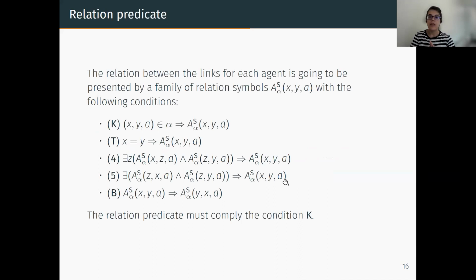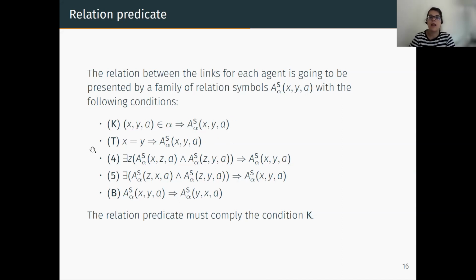The relation between the links for each agent is going to be represented by a family of relation symbols, R_A(alpha, X, Y), where A is an agent, and X, Y are labels. These relation symbols will have some conditions. For K, if we have the link in our database, then those states are related to each other with respect to an agent.